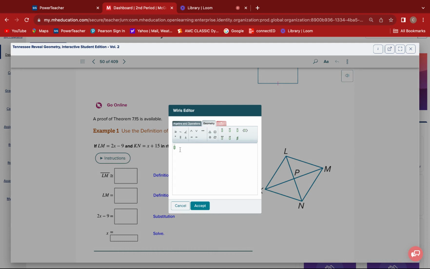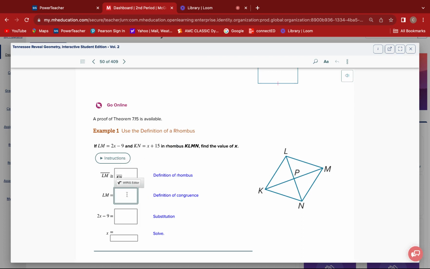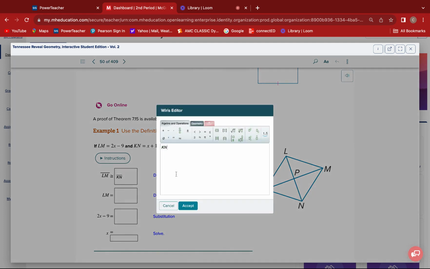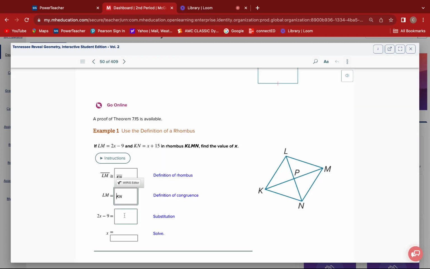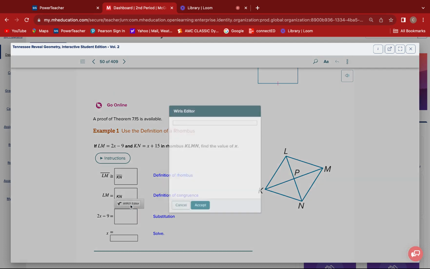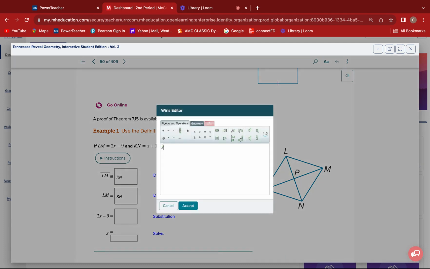All right, KN, and so that will be equal to X plus 15.